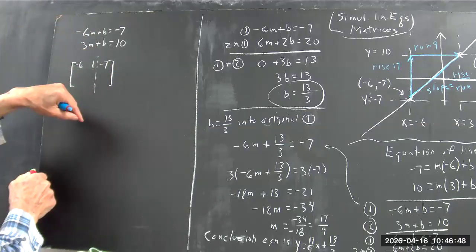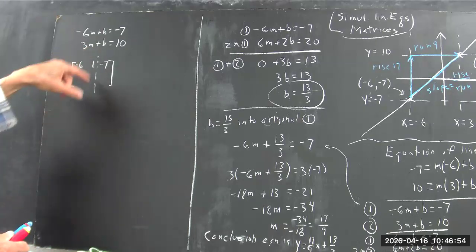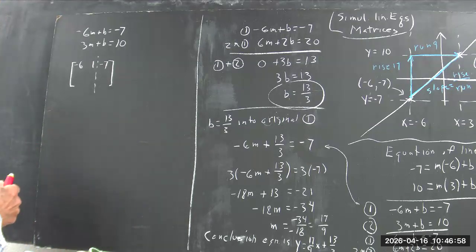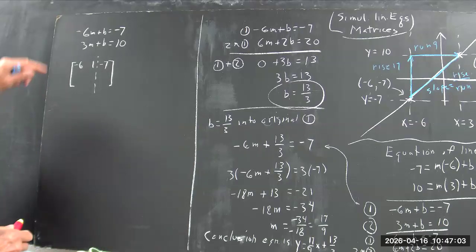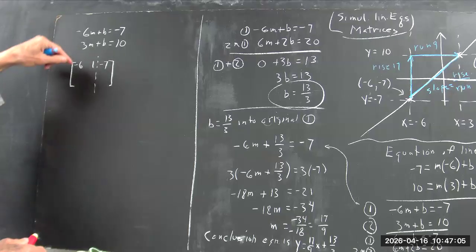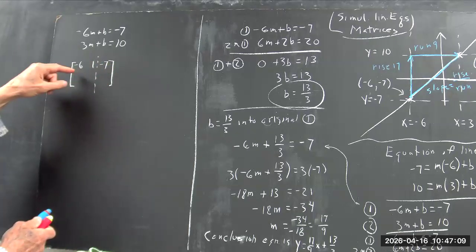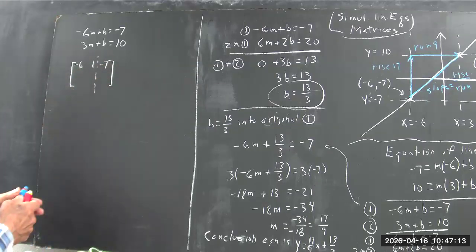And I put a little dotted line between the 1 and the -7 to indicate that we have an equal sign there. Just to remind myself, it's not absolutely necessary, but it's pretty much always done, and for good reason. Okay, so what I've got now is a row of numbers, -6, 1, -7, inside a set of brackets.